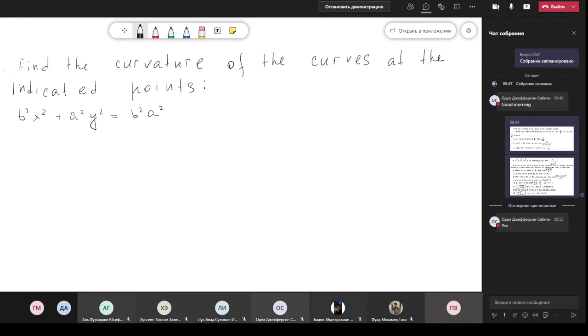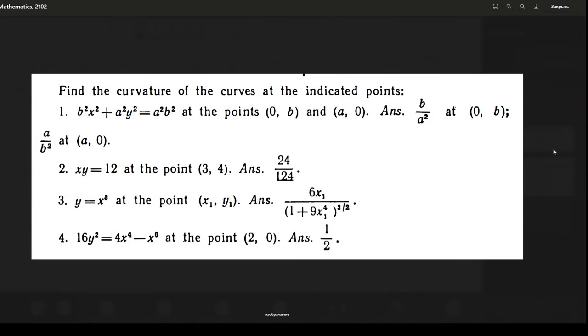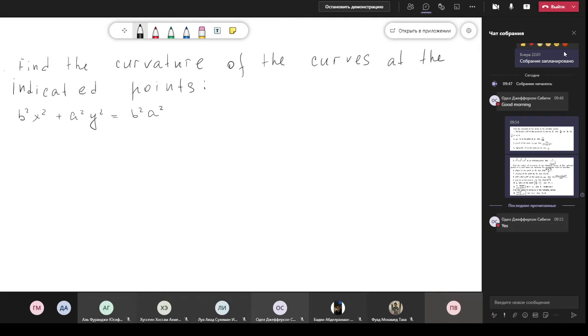Each of our curves has points at the point 0, b and the point a, 0. Good.